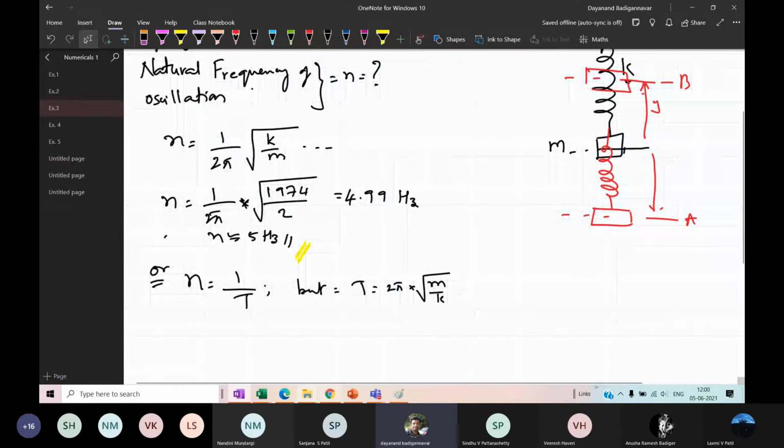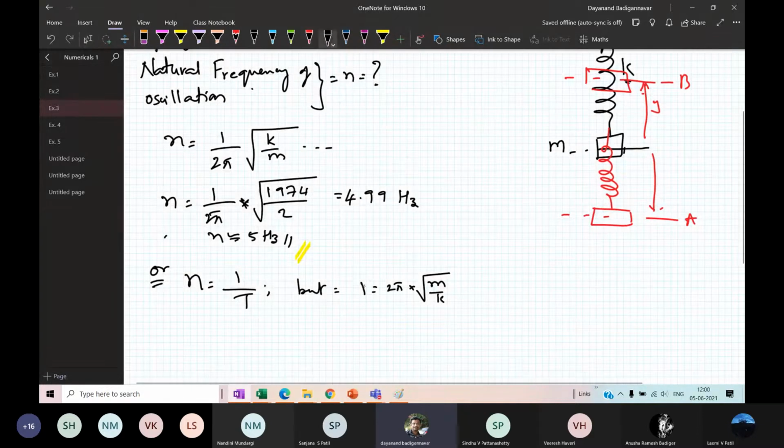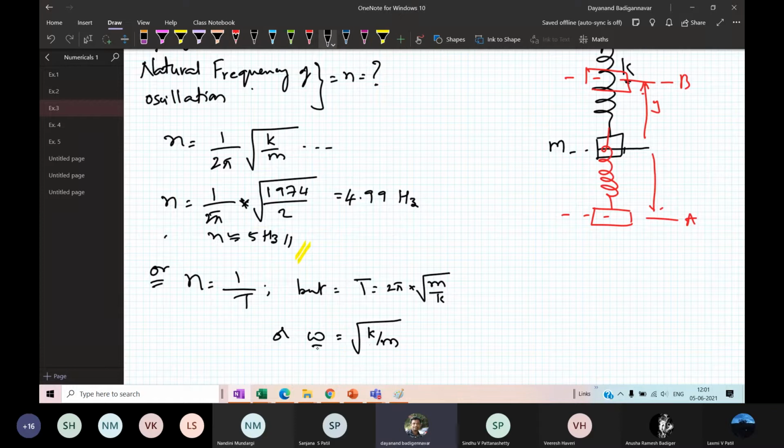Or you can also do it another way. You can find t like this, or you can use omega is equal to root of k by m. This is the formula to evaluate omega. Once you evaluate omega, you can find t is equal to 2 pi by omega.